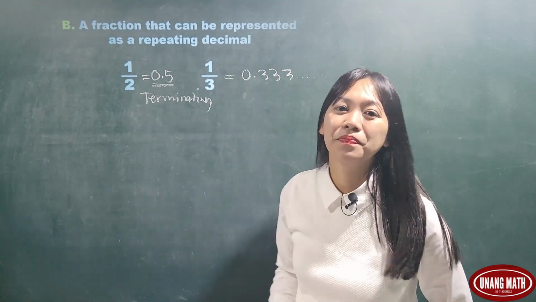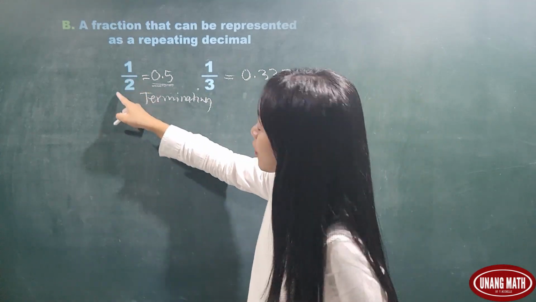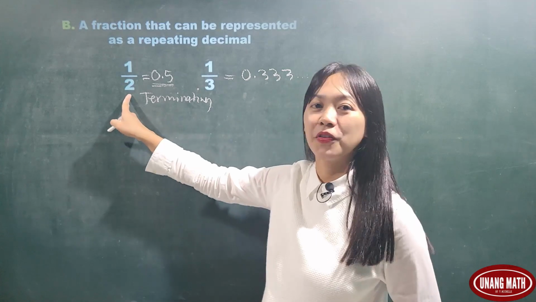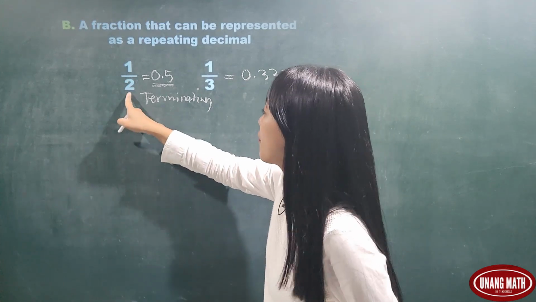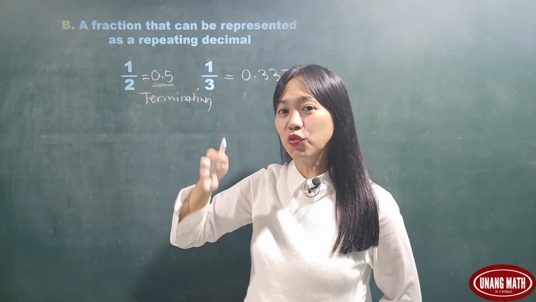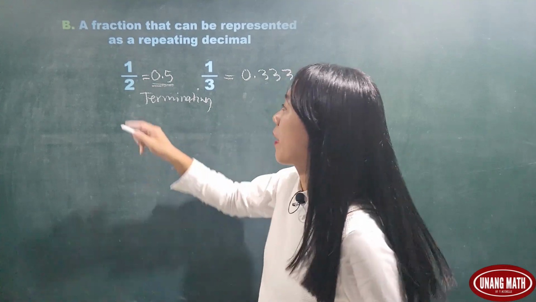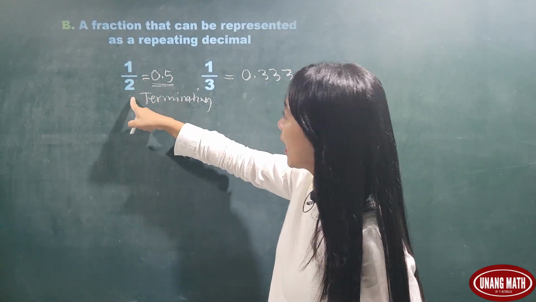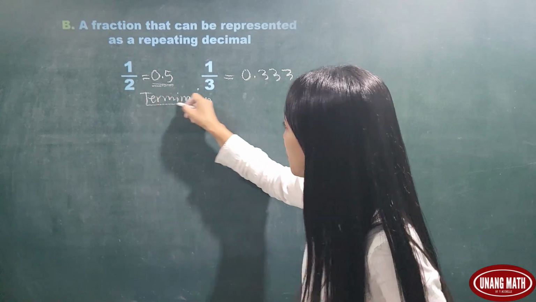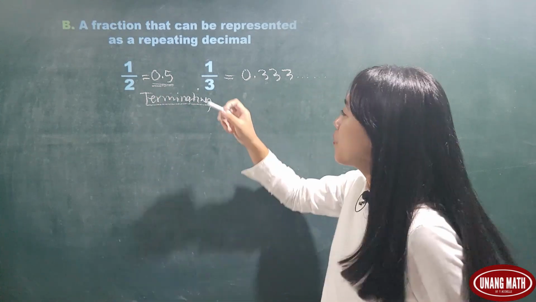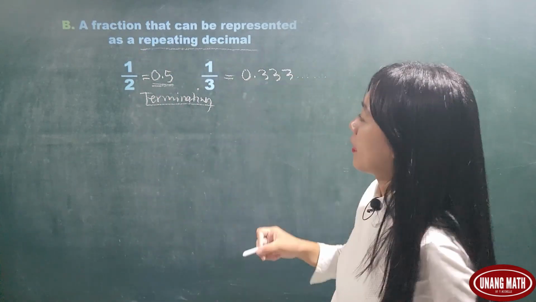Again, check the denominator of the fraction, get the prime factorization. If the prime factors are 2 or 5 or 2 and 5, then that fraction can be converted to a terminating decimal. So what about a repeating decimal?